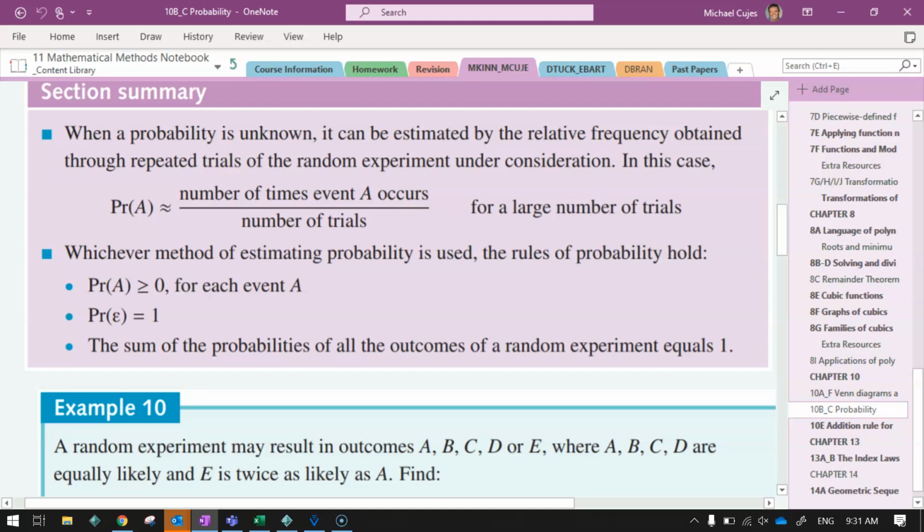With our knowledge of all of the different customers who've been through that drive-through before, we could find the relative frequency, how many of those people had ordered a hash brown, and use that to estimate the likelihood that the next person would order a hash brown, or whatever else you were interested in. So that can be the number of times a particular event occurred divided by the number of previous trials that have occurred.